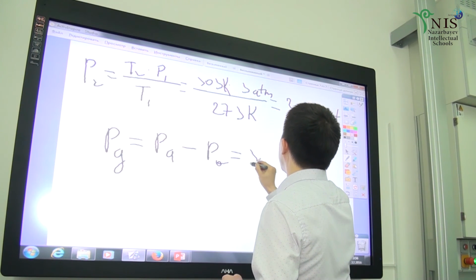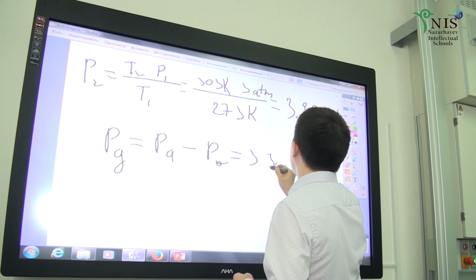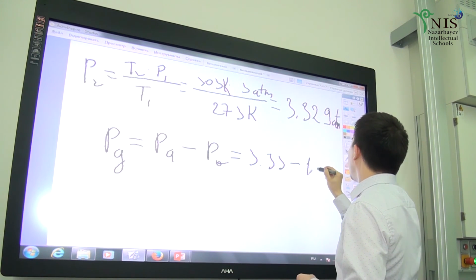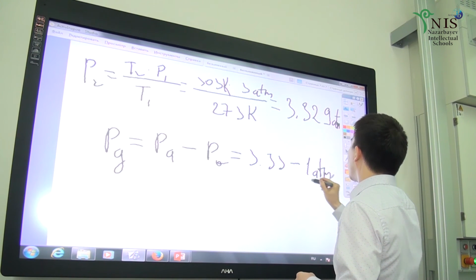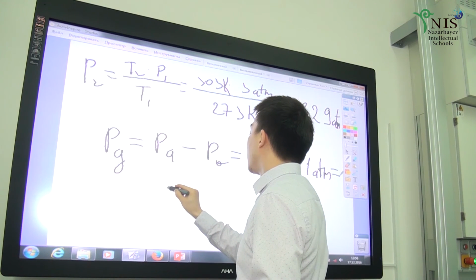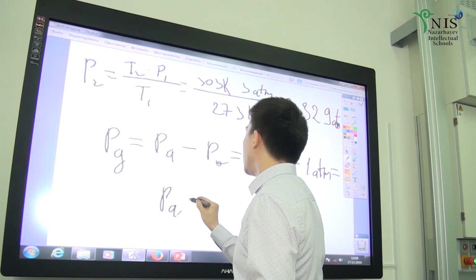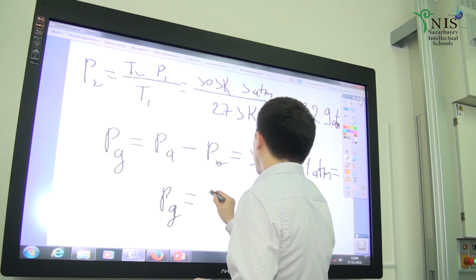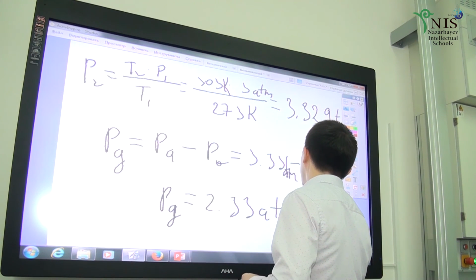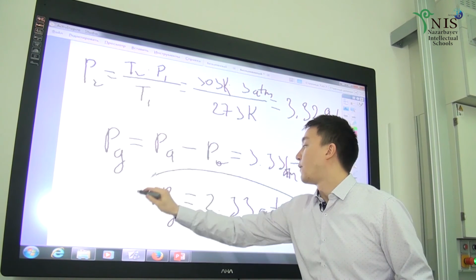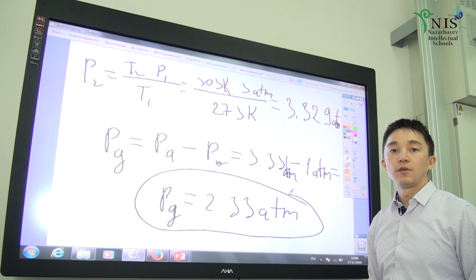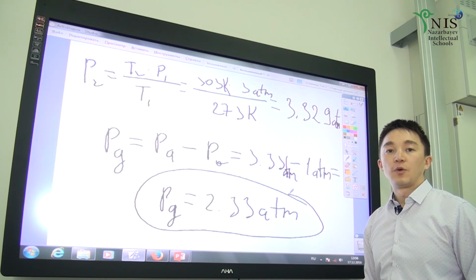Therefore, 3.33 atmospheres minus 1 atmosphere, and our gauge pressure is equal to 2.33 atmospheres. It's a reading of our manometer when the temperature was equal to 30 Celsius, or in other words 303 Kelvin.